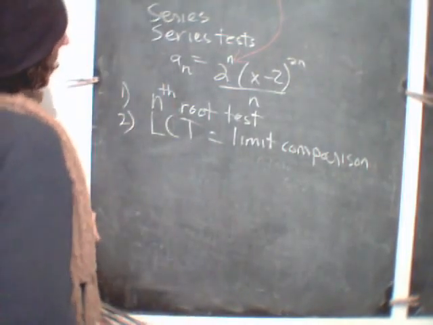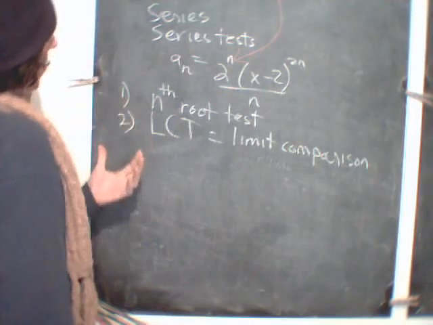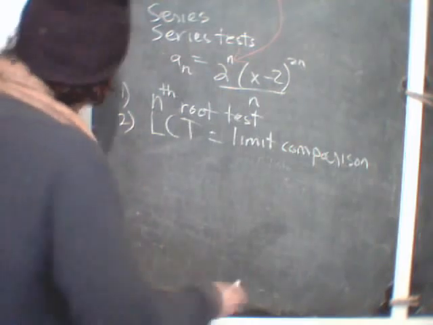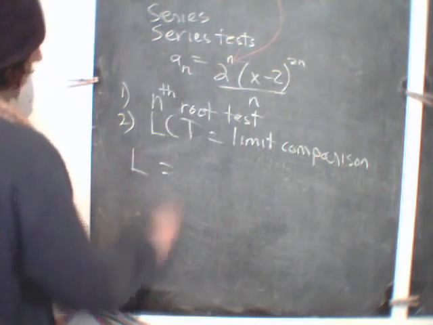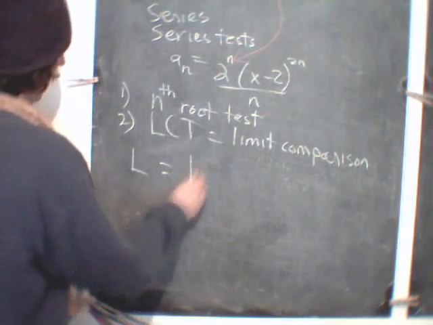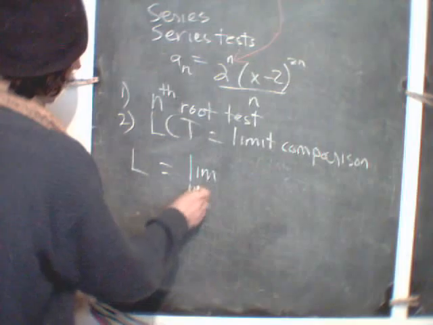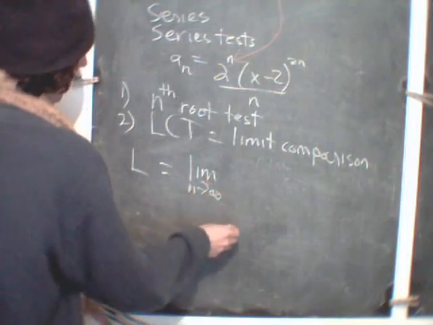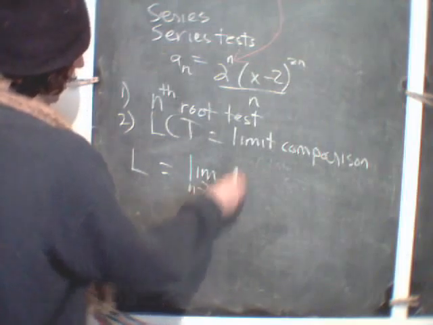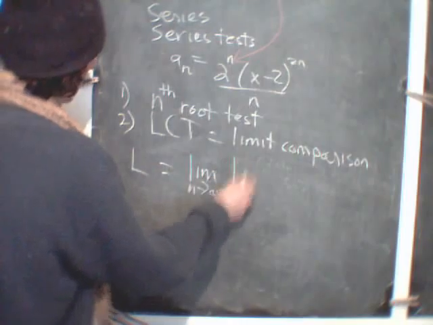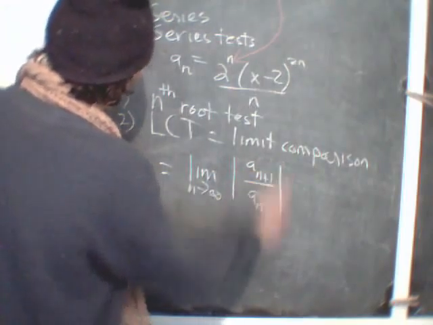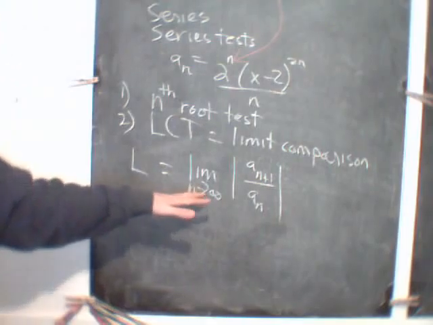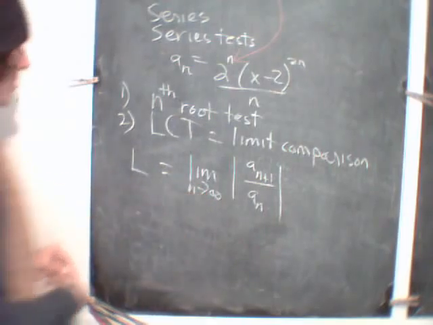So what we have to do is let L equal the limit as n goes to infinity of the absolute value of a_(n+1) over a_n. That's what the test tells you.